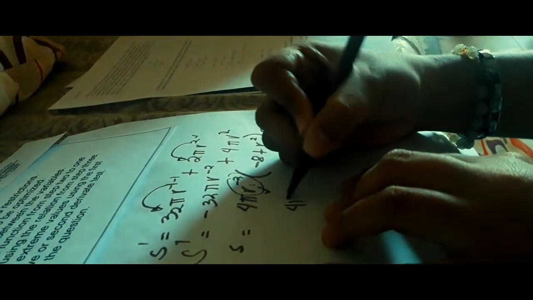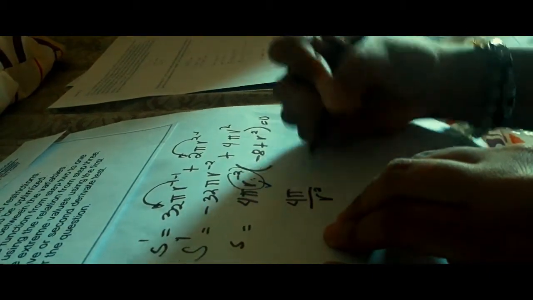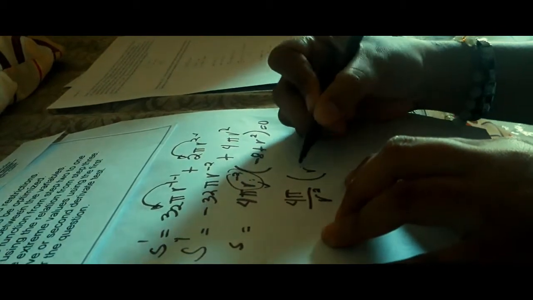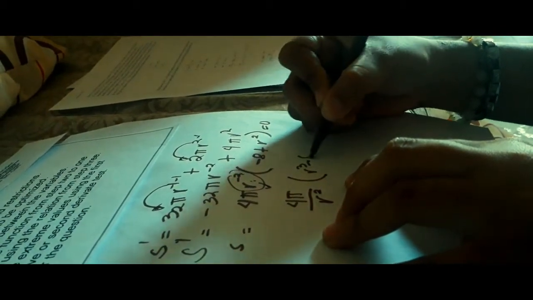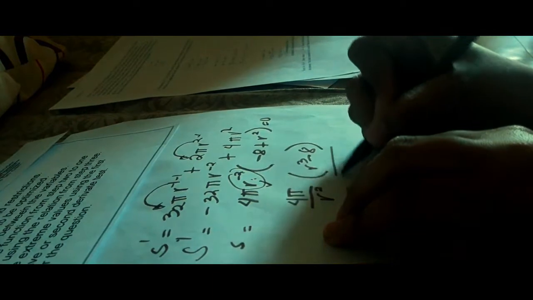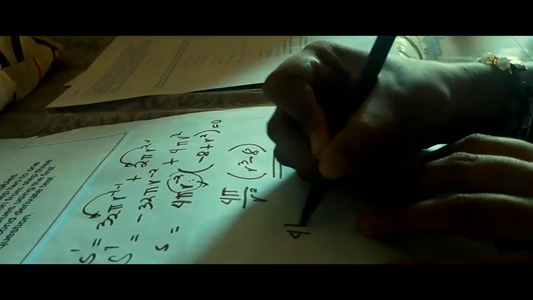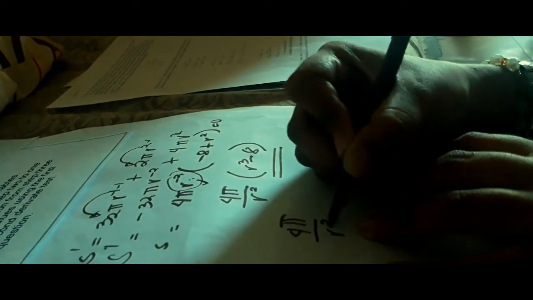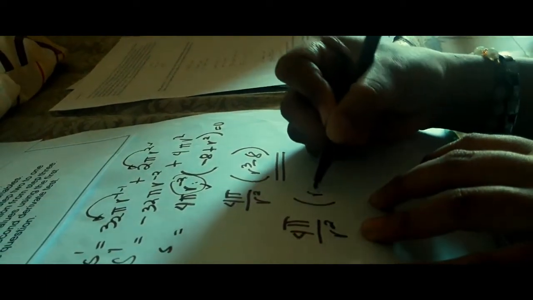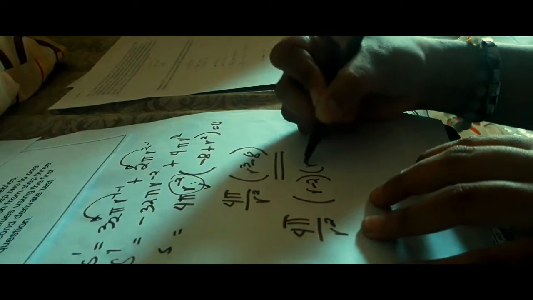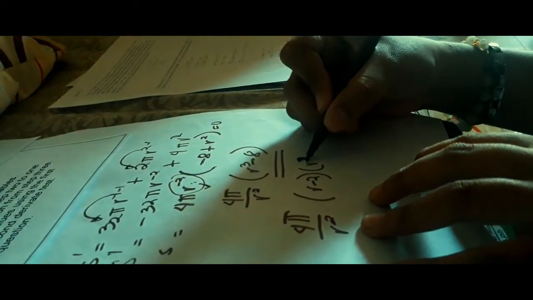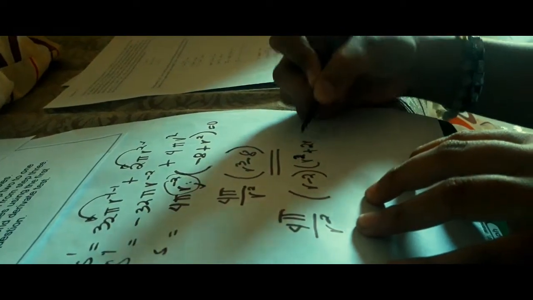So we've got 4 pi over r squared times r cubed minus 8. Next, we're going to factor this equation out. So we've got 4 pi over r squared, and we've got r minus 2 times r squared plus 2r plus 4.